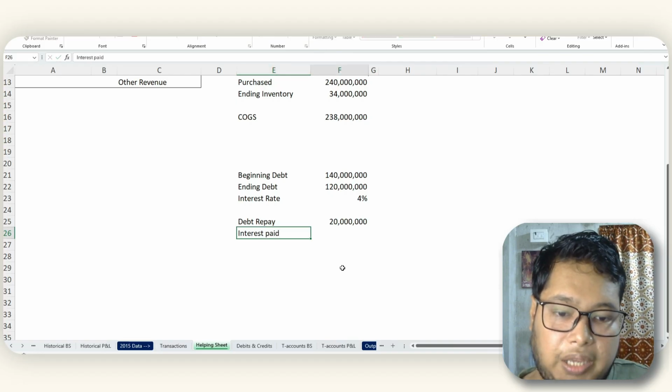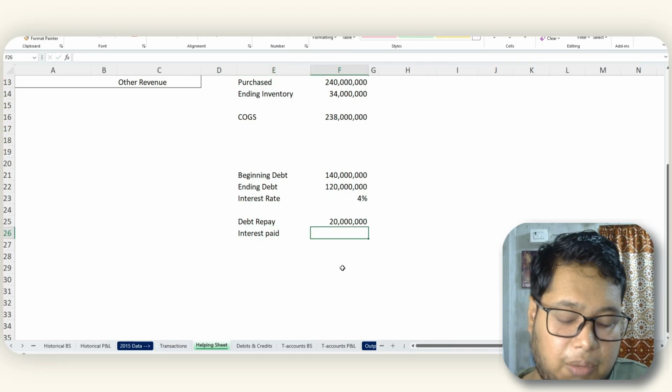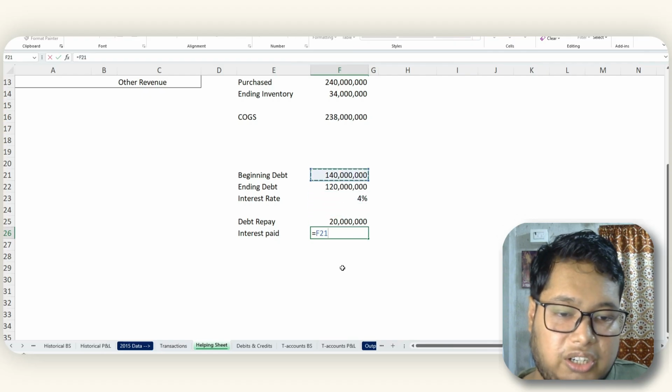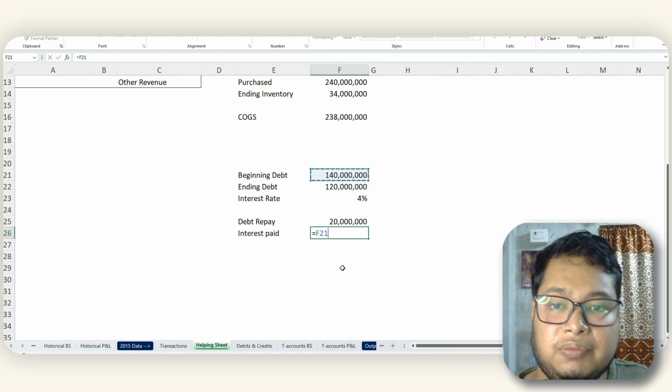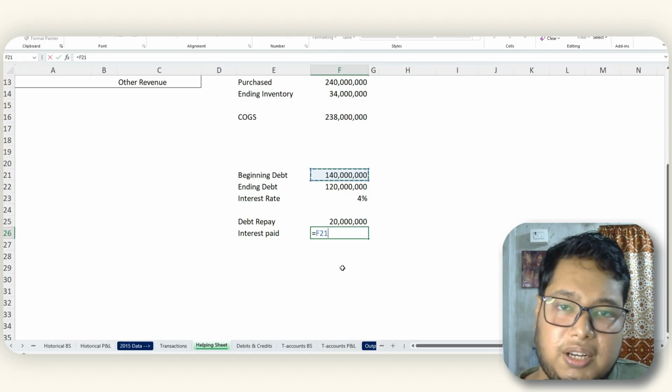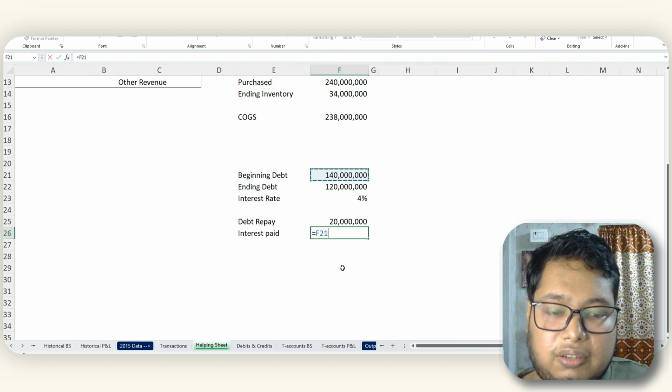Interest paid. If you prepare a loan schedule, you know that we always multiply the percentage with the beginning balance of the present year, or the ending balance of the last year, whatever you call it.